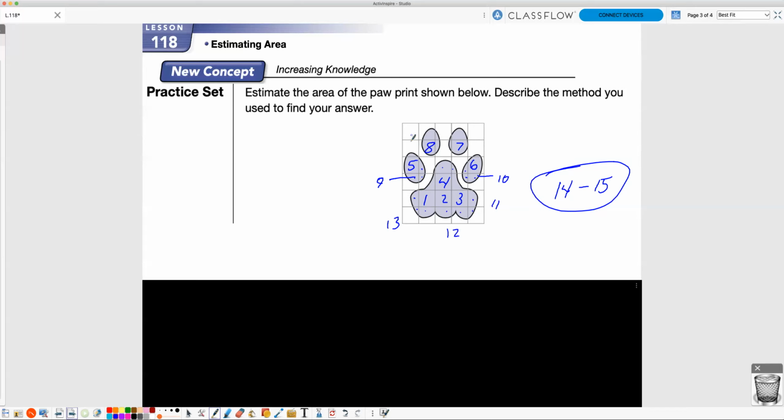Just using that method where you simply count the number of squares that are full and then try to manage each one of those little half pieces or some of these little sections here and consider how much they might make up and add those as additional whole pieces once you do that. So like this would be considered possibly one whole, that'd be another one whole. So in the total, you would have at least 14, maybe 15.